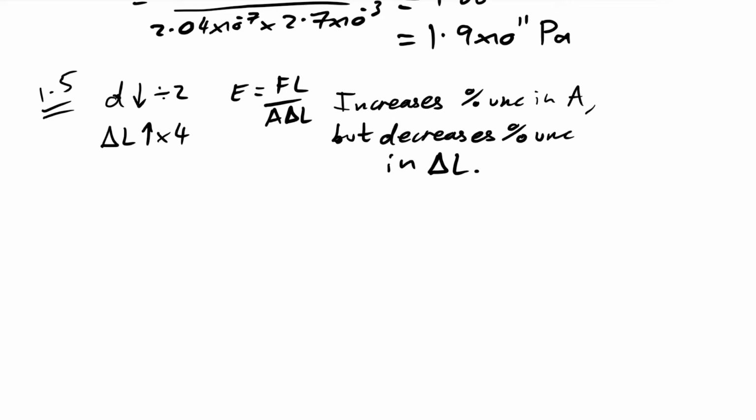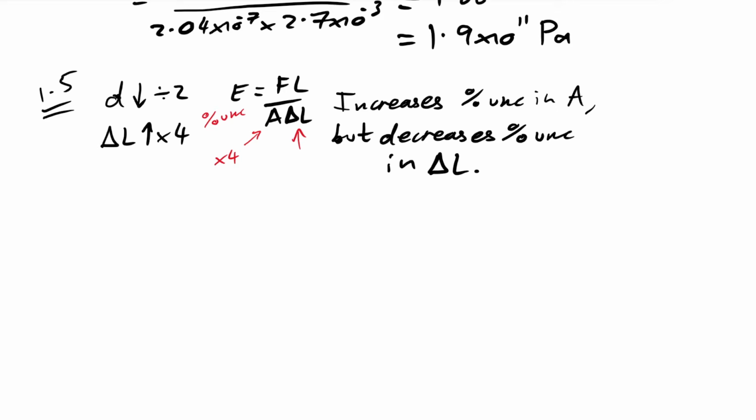Now, the mark scheme goes on to say that therefore the percentage uncertainty in the Young modulus is going to decrease. I'm not so sure about that personally. Let's have a think about it. If we've halved the diameter, then we've effectively doubled the percentage uncertainty in the diameter. So therefore we've quadrupled the percentage uncertainty in the area, because of course it's proportional to d squared.